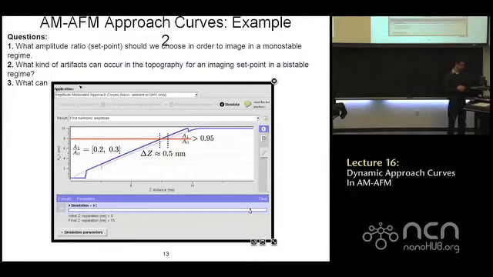And the final question is, what can we do to reduce the bistable regime? If we're stuck with the cantilever we have and the sample we have, we can't change anything there, but what we can do is increase the amplitude. In this example, there's a very large bistable regime.